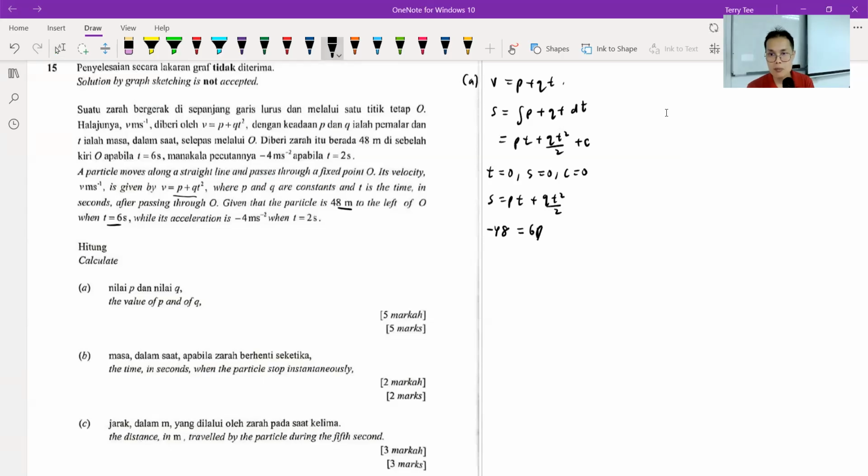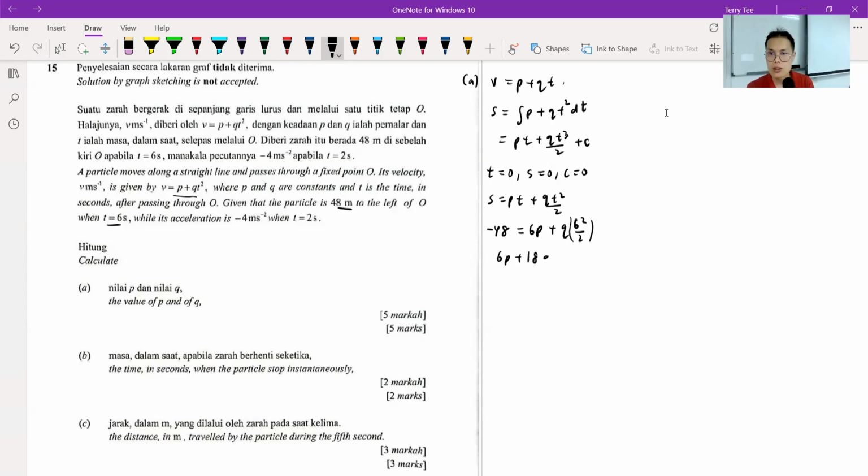This is 6 times p. This is 6 squared divided by 2. 6 squared is 36, divided by 2 is 18. So we say 6p plus 18q. I hope I didn't make any mistake here. This one is t cubed, sorry. So when you integrate, this is t cubed over 3. Sorry for the mistake.